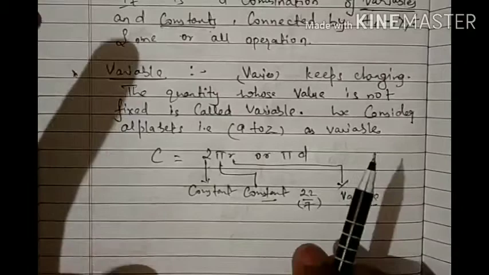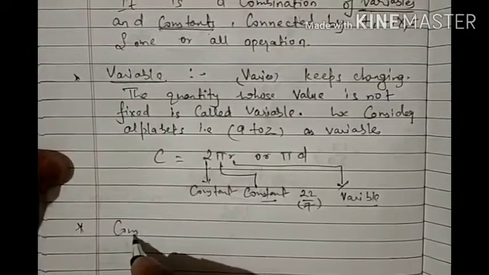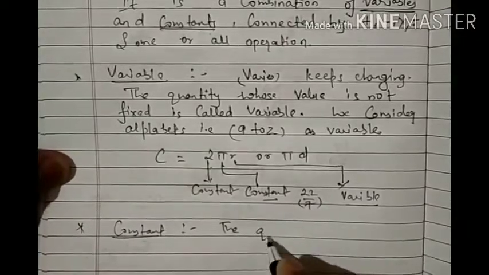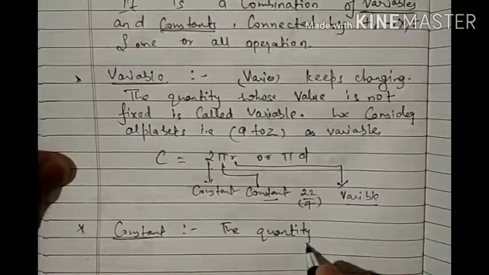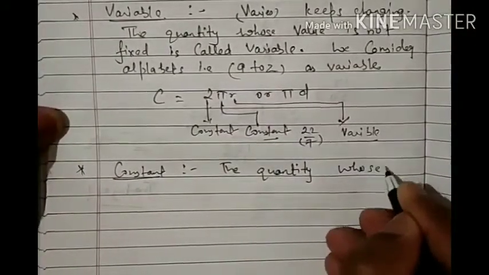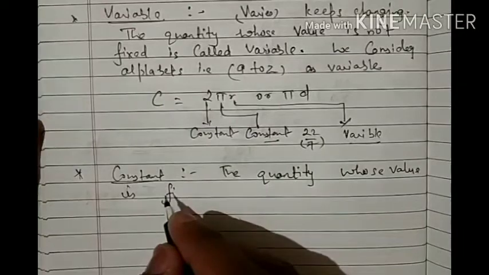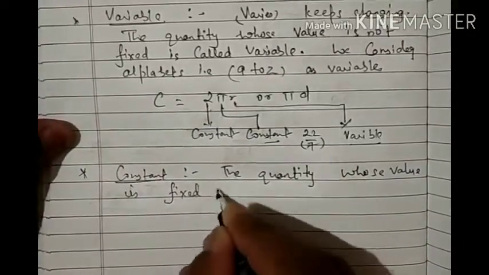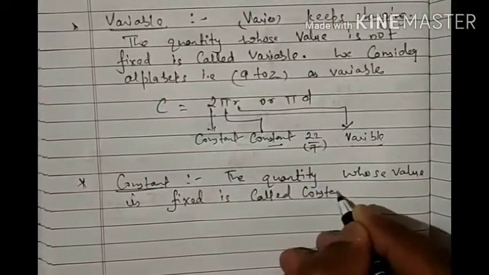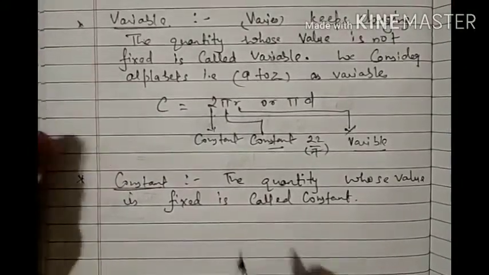So the quantity whose value is not fixed is called variable, and the quantity whose value is fixed is called constant. Let me write over here. Constant. The quantity whose value is fixed is called constant.